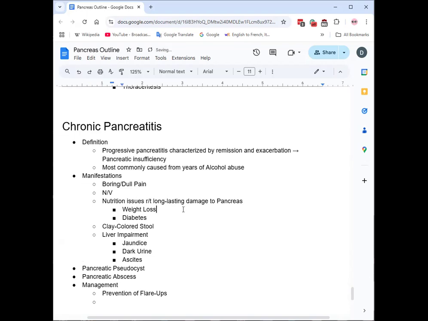So the weight loss is because if they're not making the enzymes to help break stuff down, they're not absorbing things properly. You're not digesting food the way it's supposed to be. Diabetes, your pancreas over periods of time is going to have damage. So then you have that diabetes essentially going on, nausea, vomiting, dark urine, talk about the jaundice.